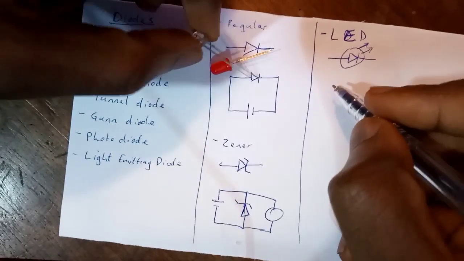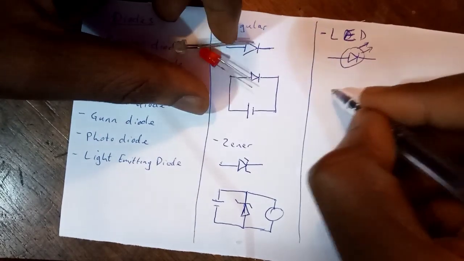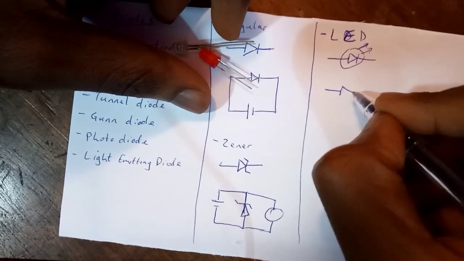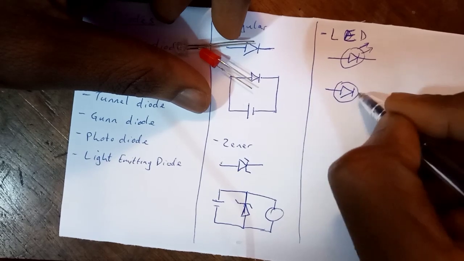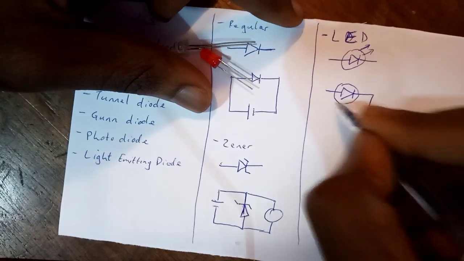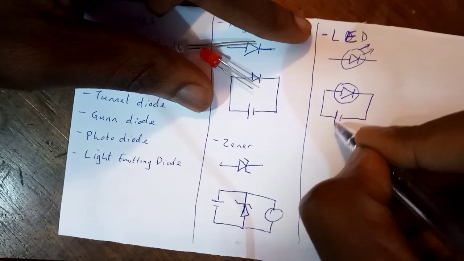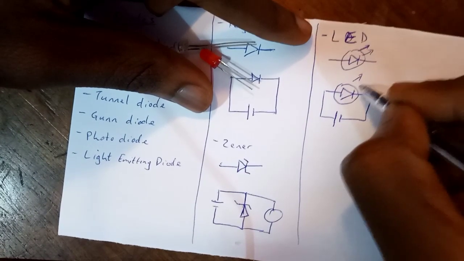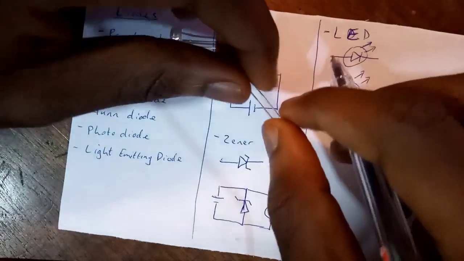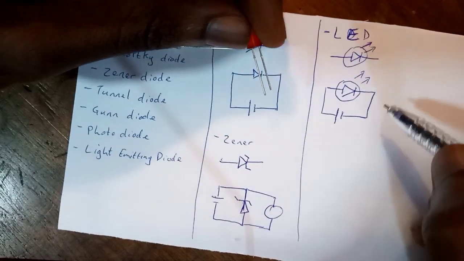So it works exactly like the regular diode. It has to be forward biased continually. But the special thing about the LED is that whenever it is forward biased, light comes on. Whenever it is reverse biased, light goes off.